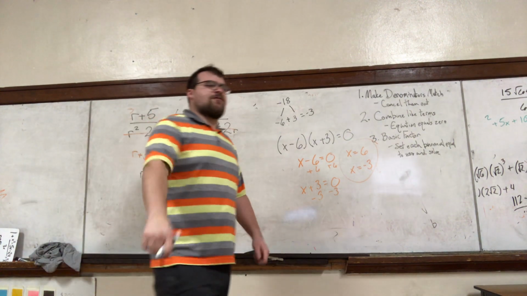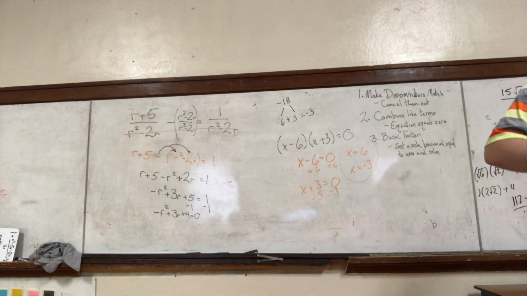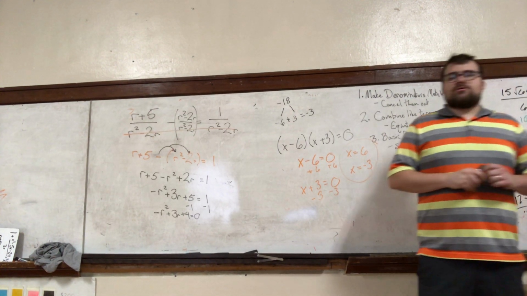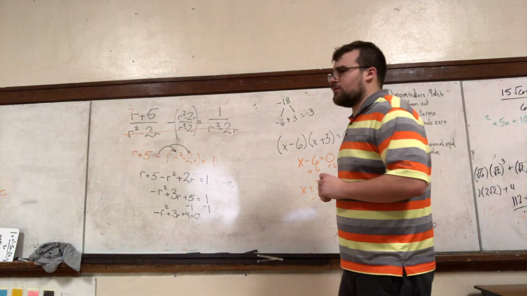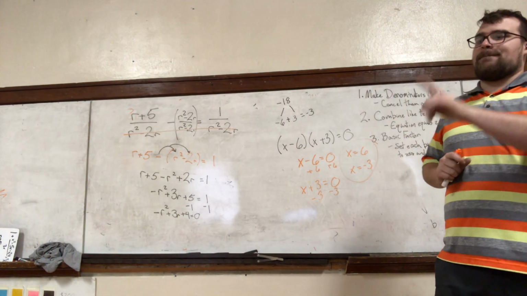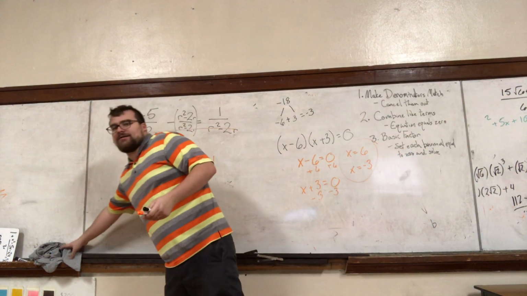Have you all ever factored a problem that had a negative in front of the x squared, r squared, whatever it may be? We can't have that negative r squared. So what do you think we do about that? Flip all the signs.